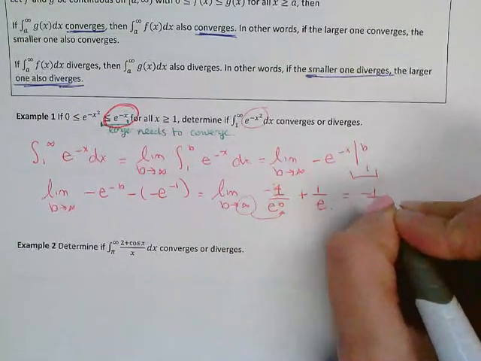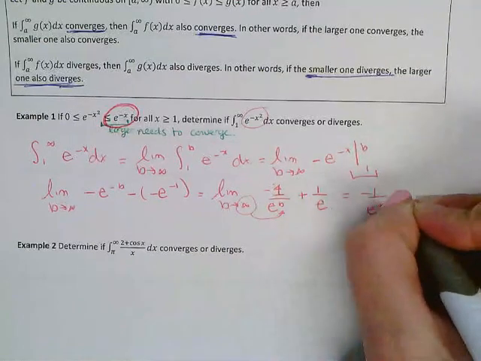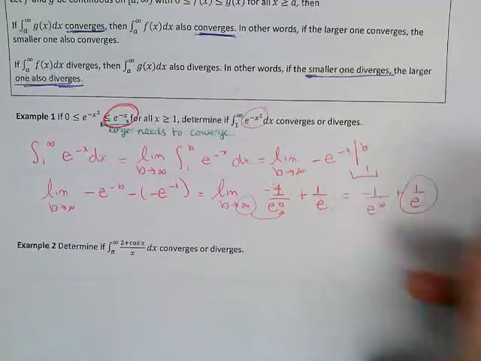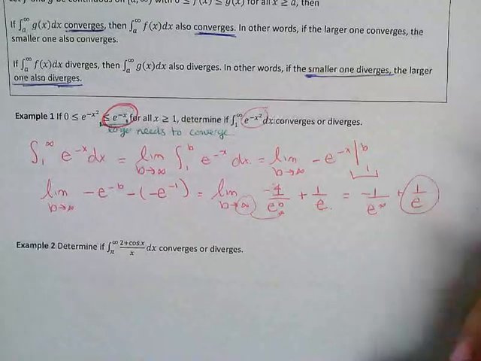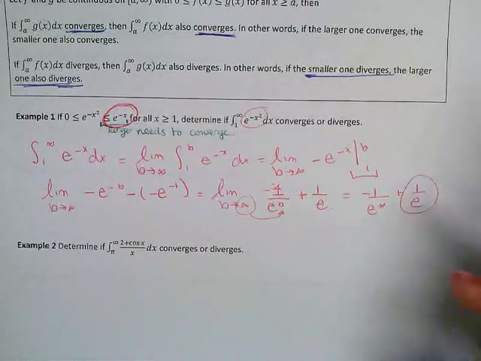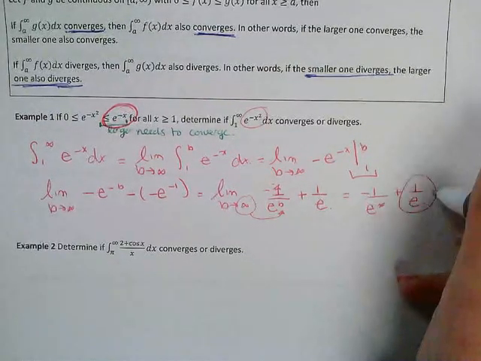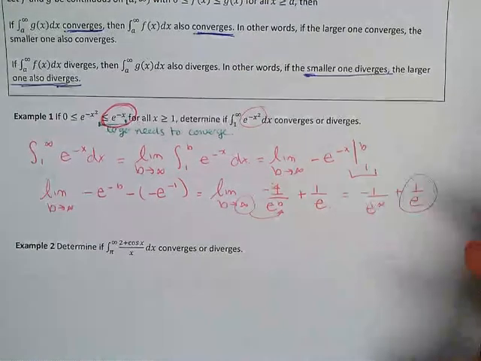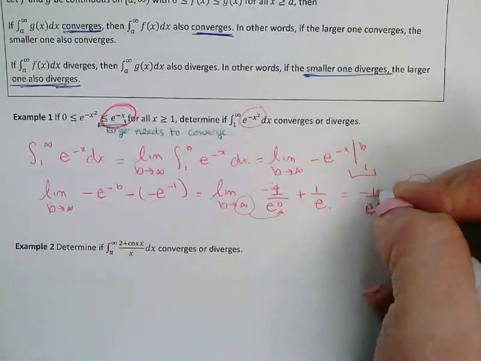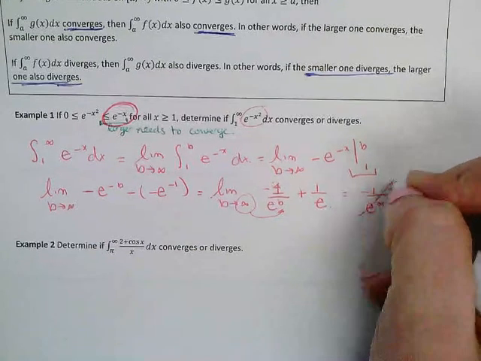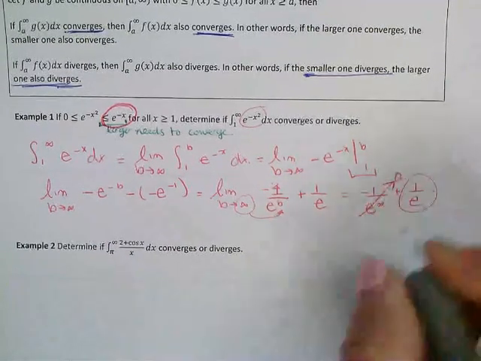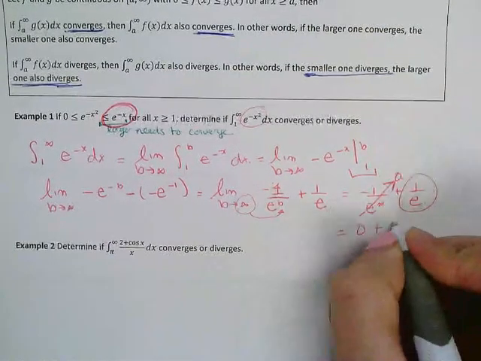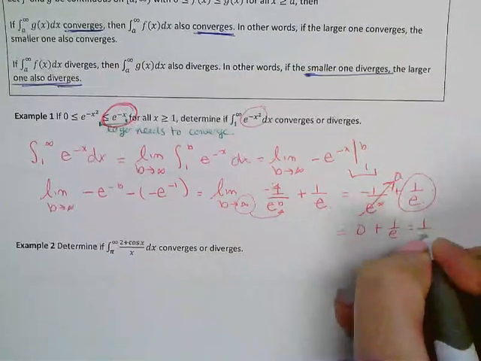So this is negative 1 over e to the infinity plus 1 over e, which is just some number. Who cares what it is? Well, actually we do care in this case. E to the infinity is a really big number, so negative 1 over e to the infinity is going to be 0, and therefore 0 plus 1 over e is just 1 over e.